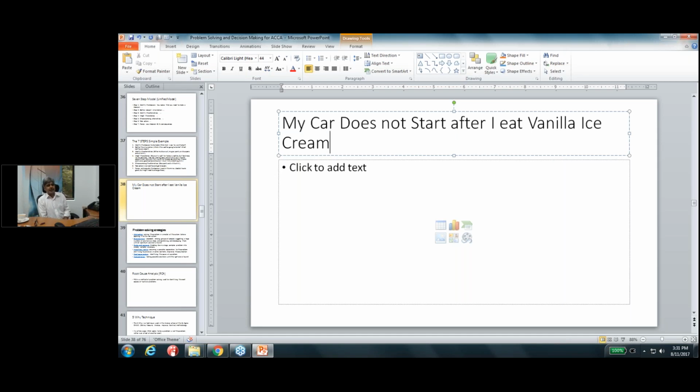This is a genuine problem, a real-time problem that occurred in America. One customer of General Motors complained to their complaint department that whenever he takes vanilla ice cream, the car doesn't start.